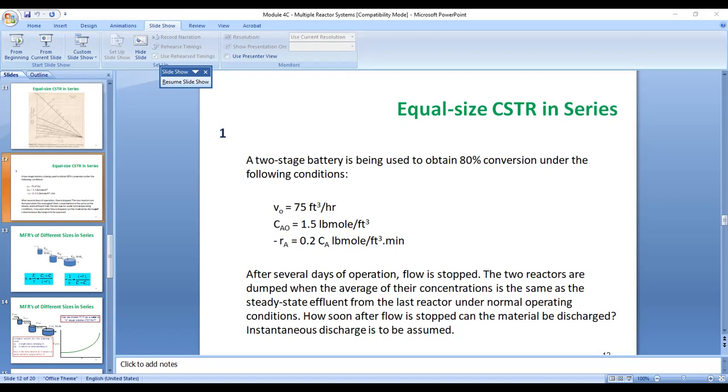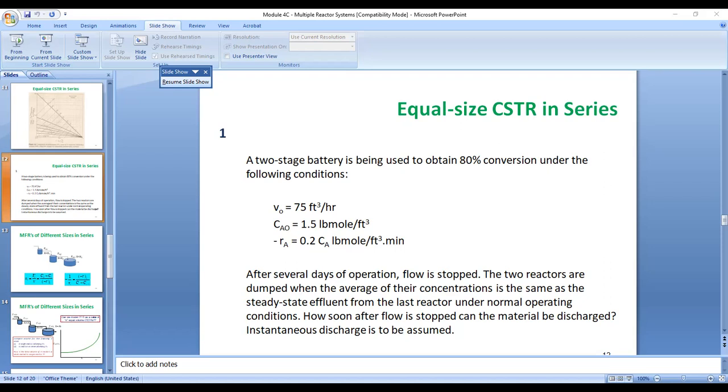Okay? Now, you are being asked how soon after flow is stopped can the material be discharged, assuming that this discharge is instantaneous. Now, what does this mean? So the CSTR is operating continuously. They are connected. After several days, they were stopped, and the CSTRs are going to process the system inside them individually.